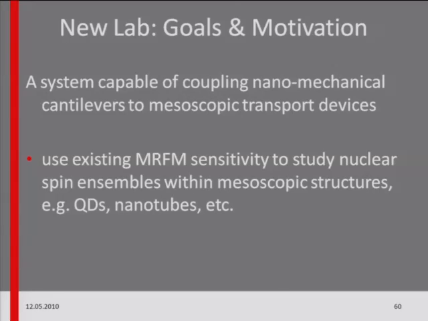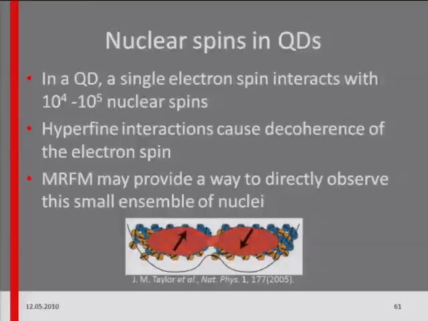Probably many of you here know that nuclear spins in these mesoscopic systems play a very important role. In particular, in quantum dots, small numbers of nuclear spins are responsible for a lot of the decoherence of electron spins inside quantum dots.